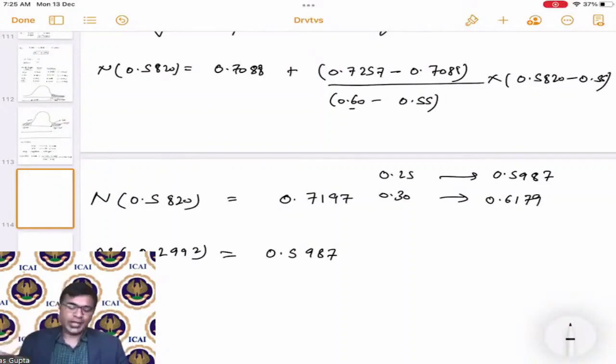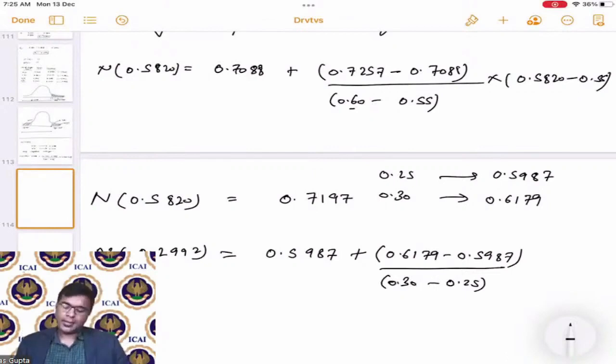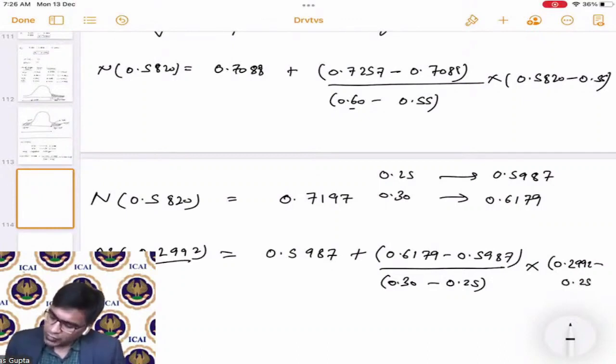Now using these two values, we will again apply the interpolation technique. So 0.6179 minus 0.5987, this is the total difference, whole divided by 0.30 minus 0.25, correct? Multiplying it with 0.2992 minus 0.25, because 0.2992 is the value for which we need, and 0.25 is the lower observation.